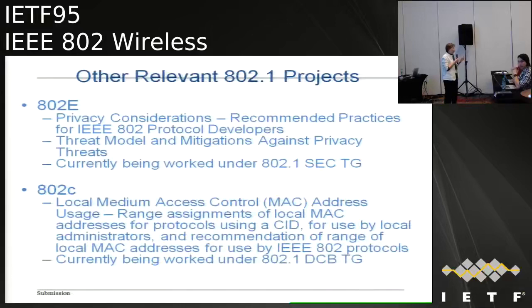So 11ai introduces additional mechanisms to try and reduce the amount of probe traffic that's out there. Those are typically related to probe requests and responses, not beacon frames. Okay, so that's the probe reduction, and there are a lot of different techniques you can use to try and reduce that.